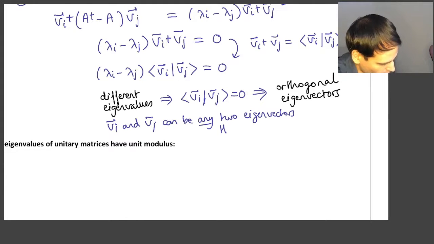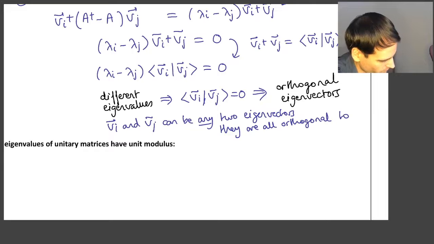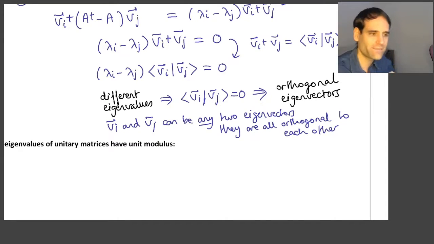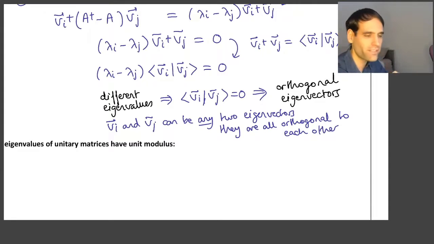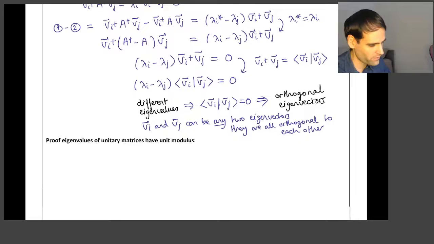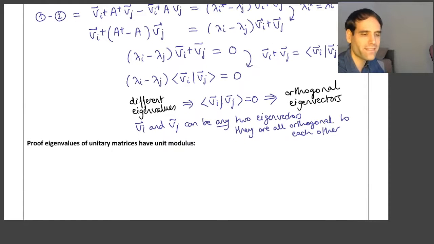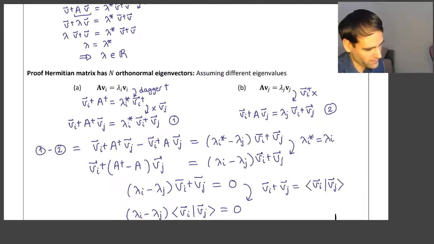So they are all orthogonal to each other, and therefore they form an orthogonal basis, and if we normalize them to have unit modulus, then they are an orthonormal basis. Okay, so that was the proof that a Hermitian matrix has n orthonormal eigenvectors.